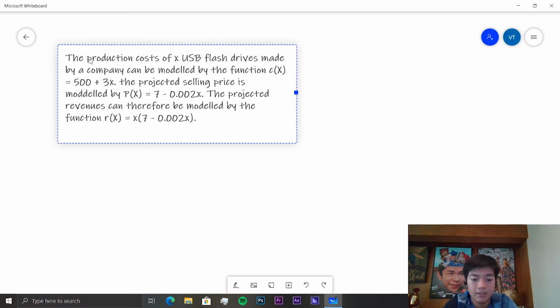So we need to: A, find the domain of the price function.